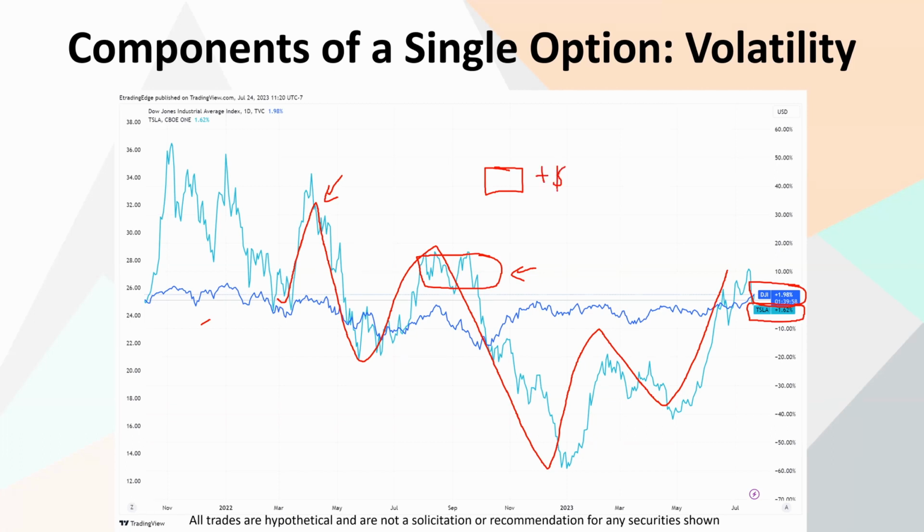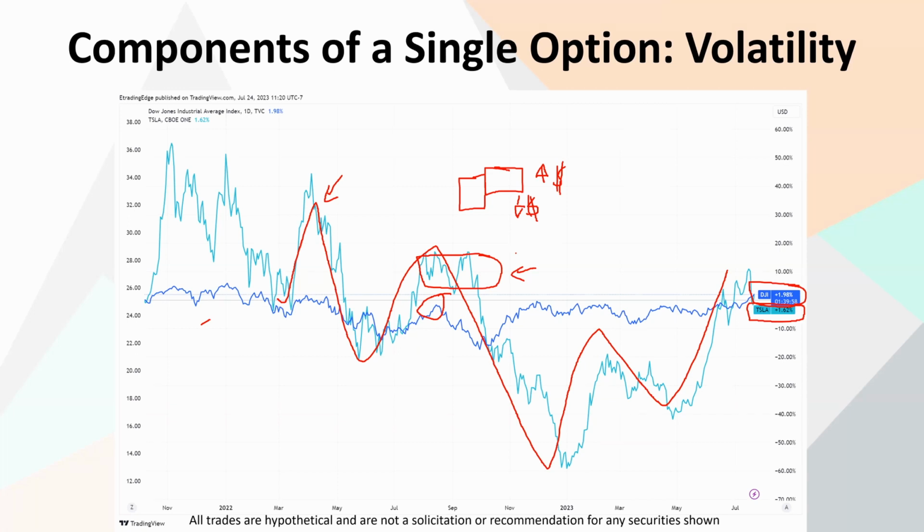So this will be much more expensive than when the Dow is near the same level. And if you're trying to price in a Dow option all the way up here, at relatively the same level, it's going to be much cheaper, right? Way cheaper. The reason is that its potential, because of how much it actually swings around, is significantly lower than Tesla's. So this is just in general the volatility of an asset.